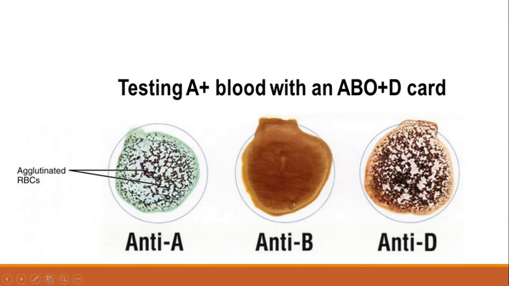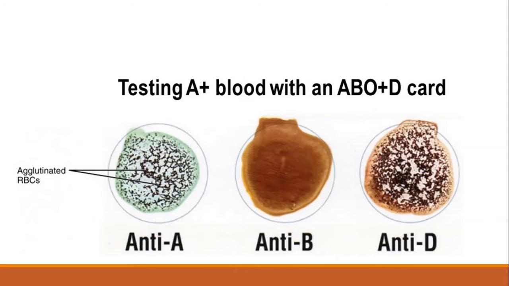Okay, I forgot to mention the agglutinin present in terms of the RH factor. RH positive means the person has the RH antigen, so they do not have anti-D antibody.